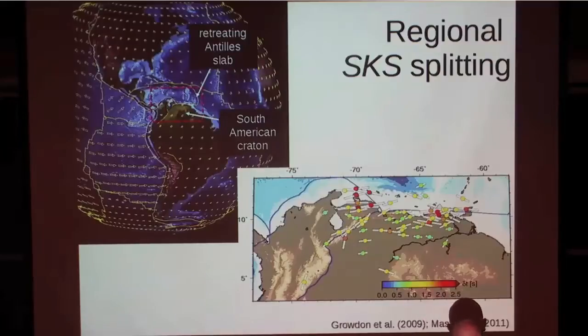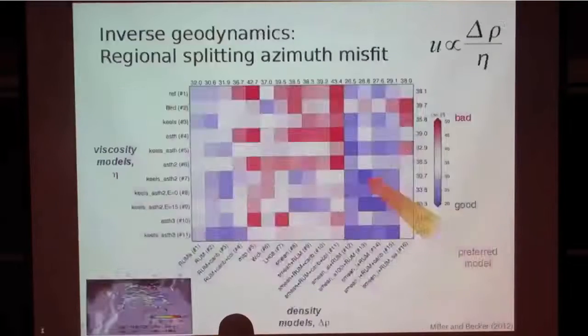And I think looking at the uplift rates, and in general the verticals, which span a wide range of scales from post-seismic to post-glacial to convective, we're going to learn a lot from that.